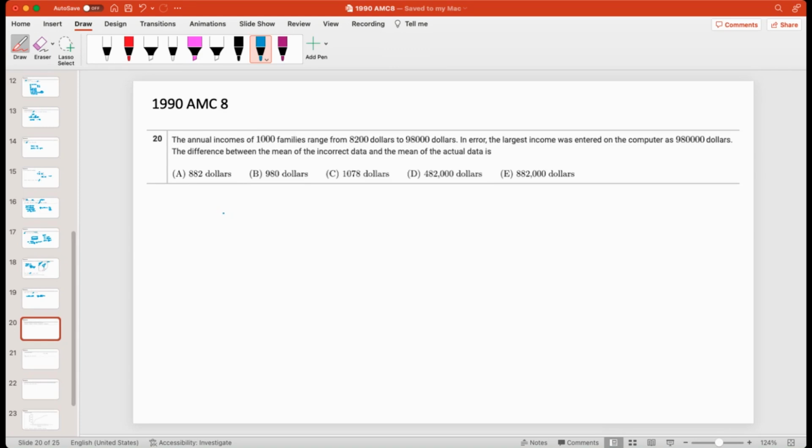So first we take S to be the sum of all incomes except the largest, because that is where the mistake was made, right? So now my actual mean is going to be S plus 98,000, because 98,000 is the correct amount, divided by 1,000.